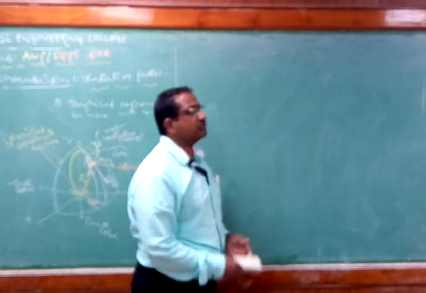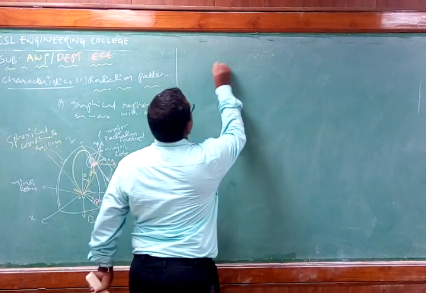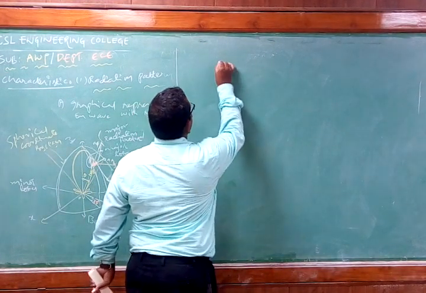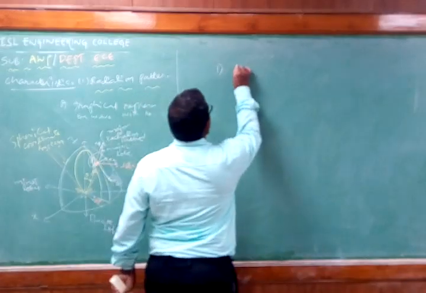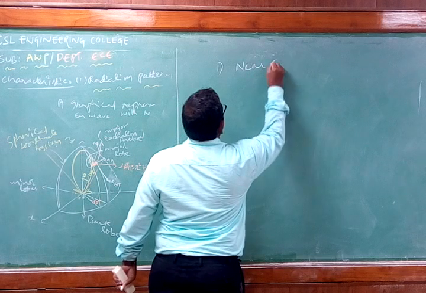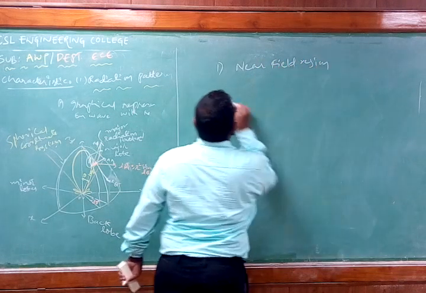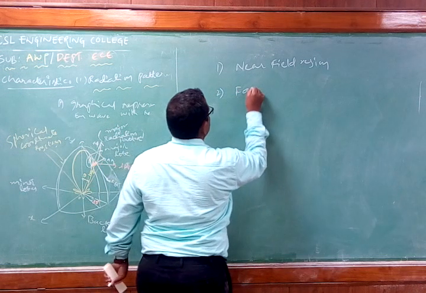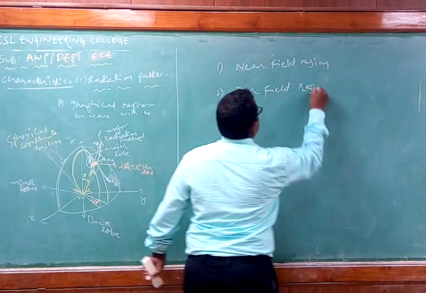There are going to be two types of regions of propagation. One is called the near field region of propagation. The next one is called the far field region of propagation.